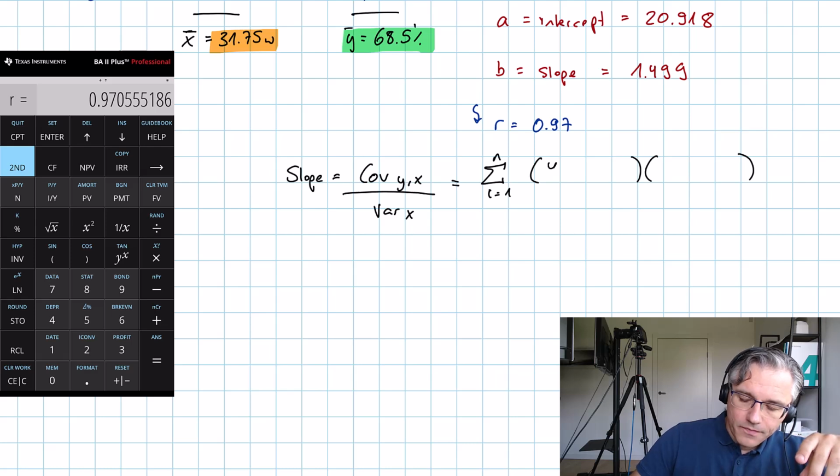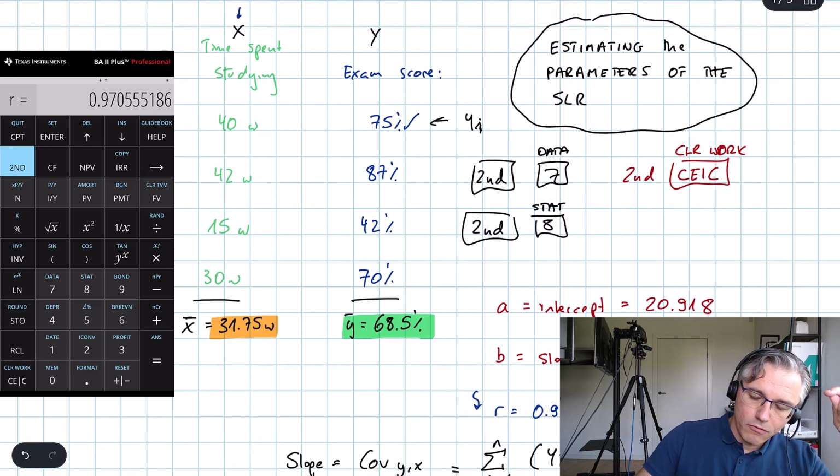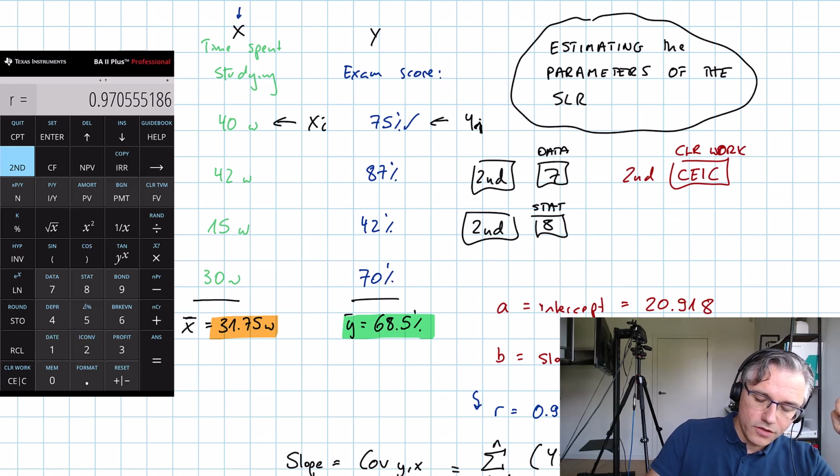You take the observed value for y, for example y1, and x1, because this is observation number 1.